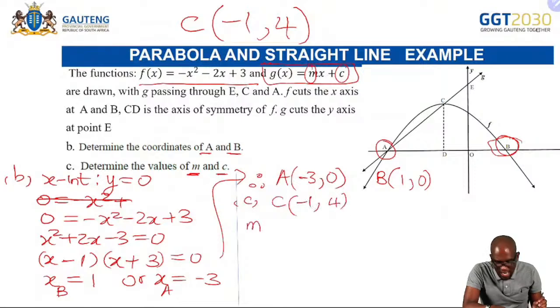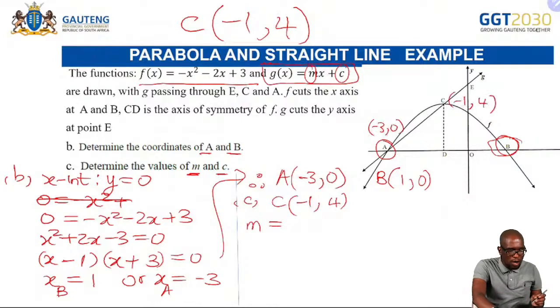So to find the gradient of AB, we are going to say y2 minus y1. Remember, we have the point here, minus 3 and 0. We have a point here, minus 1 and 4.